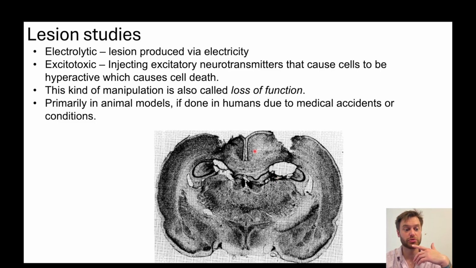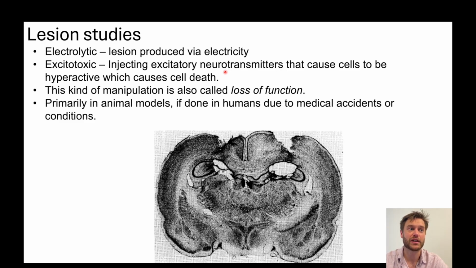So that's electrolytic lesions. Another kind of lesion study is excitotoxic lesions, where you inject an excitatory neurotransmitter that causes cells to be hyperactive and ultimately causes cell death. This is referring to injecting excessive amounts of glutamate, or causing glutamatergic neurons to be hyperactive, and overstimulating glutamate results in cell death.